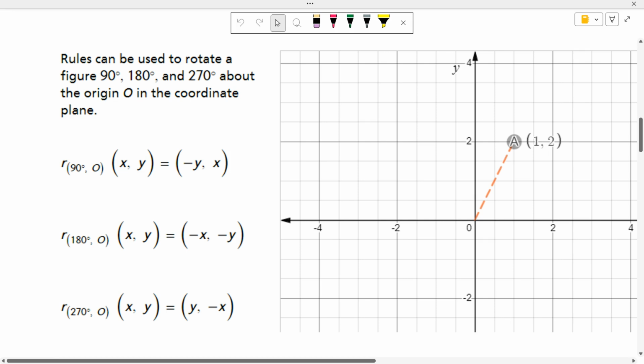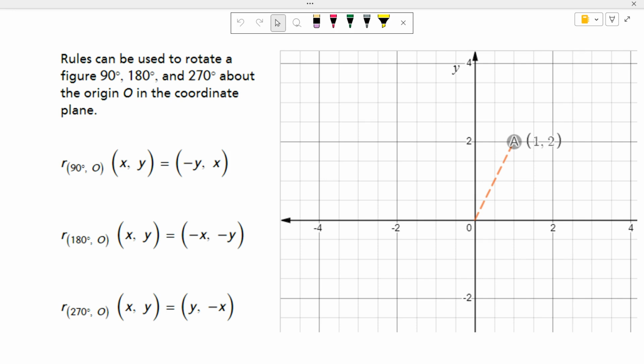Okay, (0, 0) is our center of rotation. And here's our point at (1, 2). If I rotate it 90 degrees, see how the paper is straight up and down right now? If I rotate it 90 degrees, it'll be right there. Where will the new point be? Negative 2, because each square is a half here.